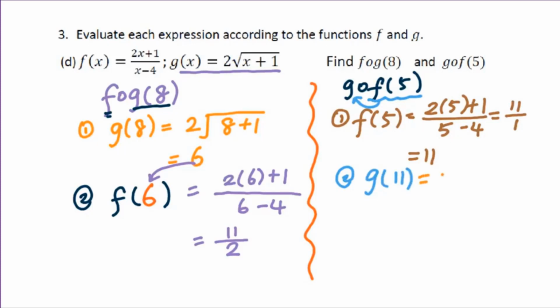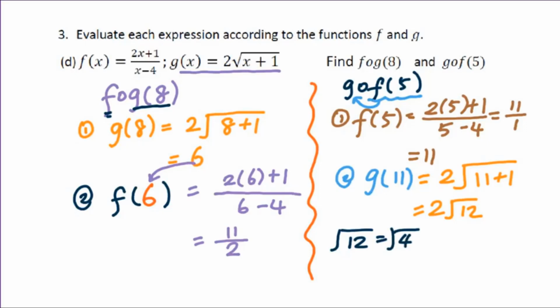So we got 2 square root of 11 plus 1. That is 2 square root of 12. Square root of 12, you will get 4 times 3. So we got 2 square root of 3. Therefore, 2 times 2 square root of 3, 4 square root of 3 will be the answer.